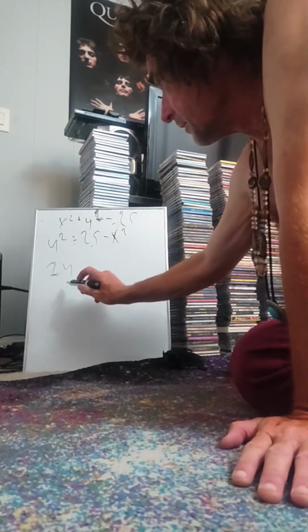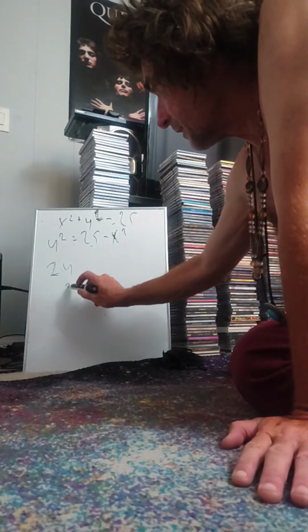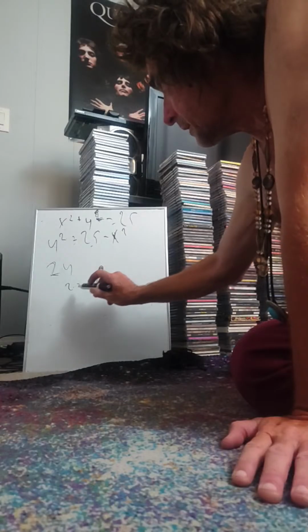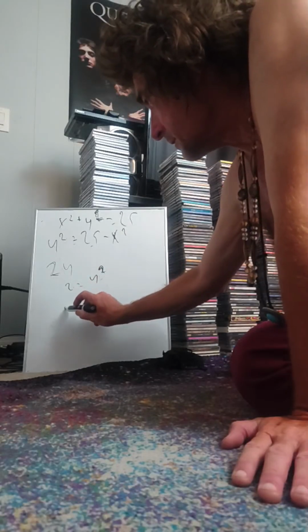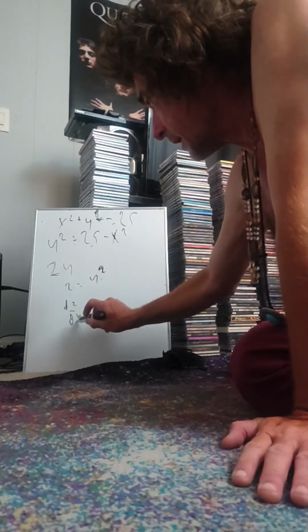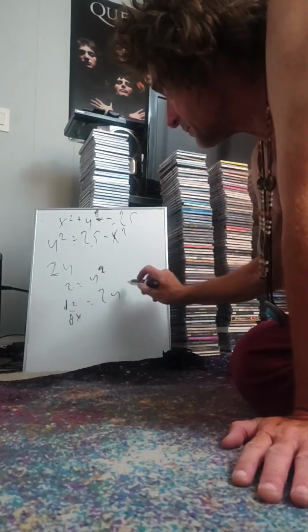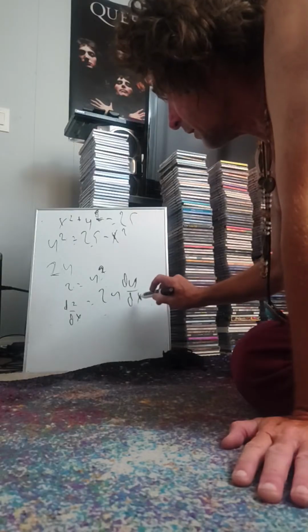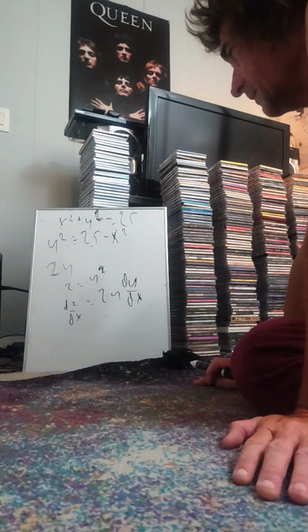If you have z equals y squared, then dz/dx equals 2y times dy/dx. Oh, that's the answer. Okay, you guys get that.